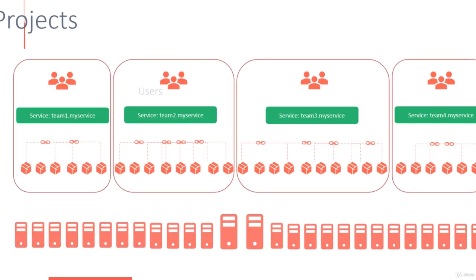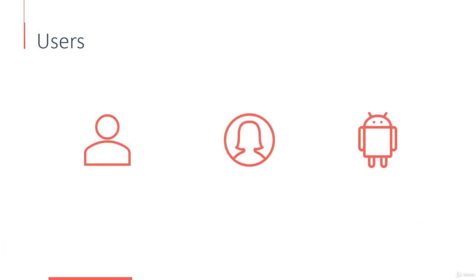OpenShift comes with built-in user management features. There are three types of users available: regular user, system user, and service accounts. Regular users are developers and others who interact with OpenShift for developing and deploying applications on a regular basis. They go simply by the name of the users, such as developer.